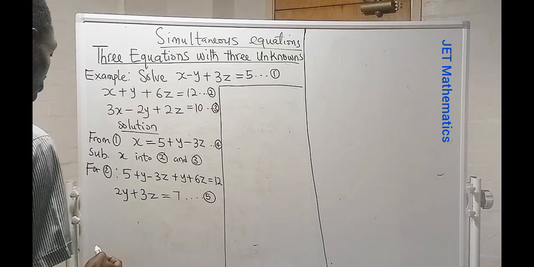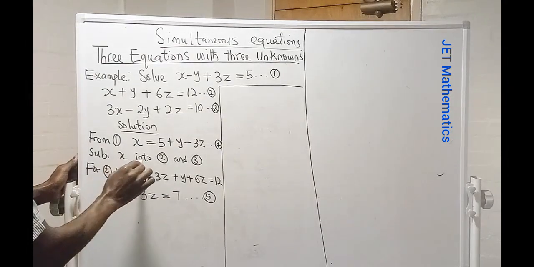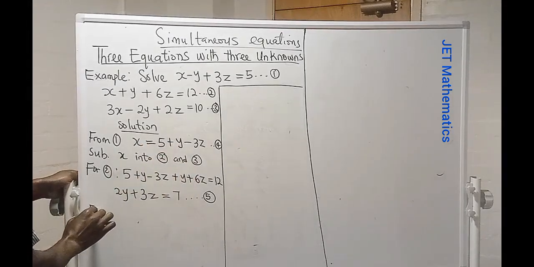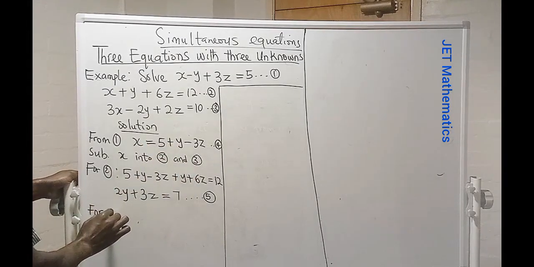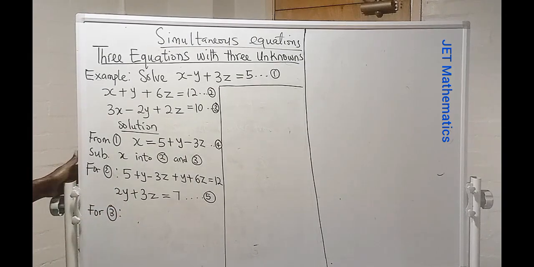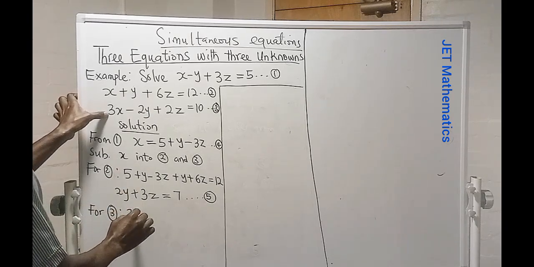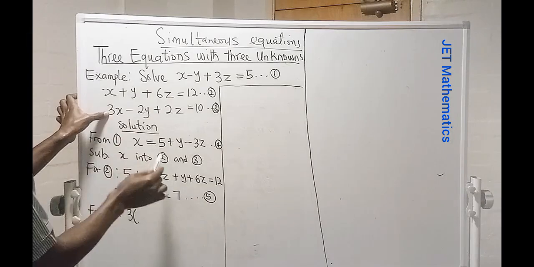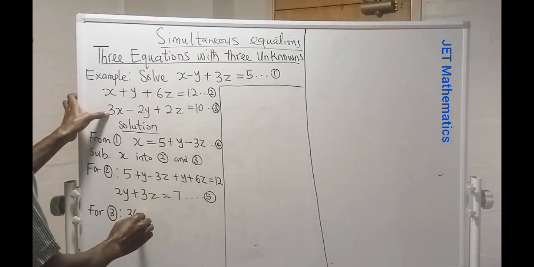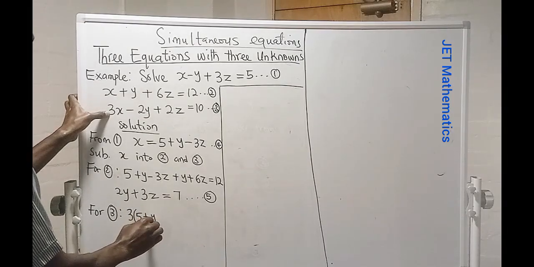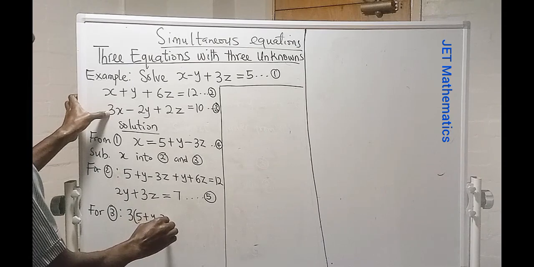Then substituting x again into 3, we'll have 3 times x. Remember our x is 5 plus y minus 3z.